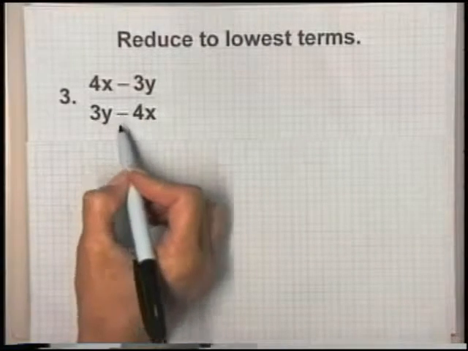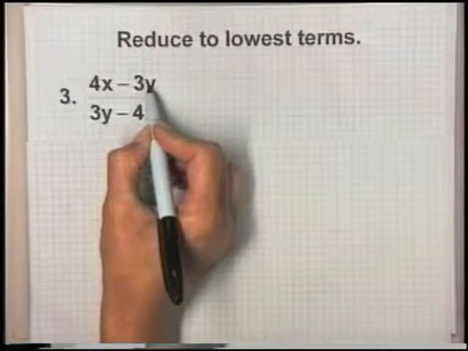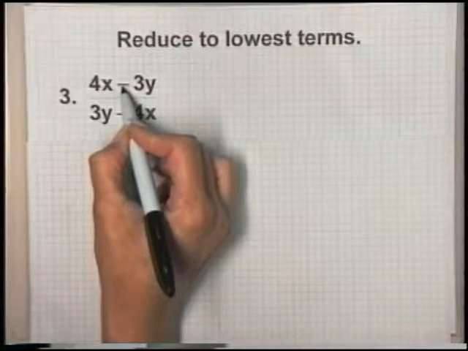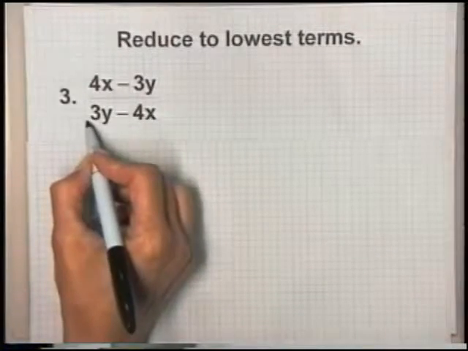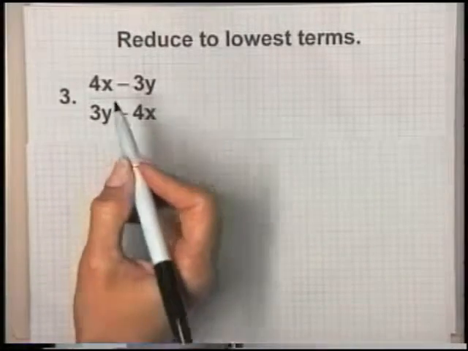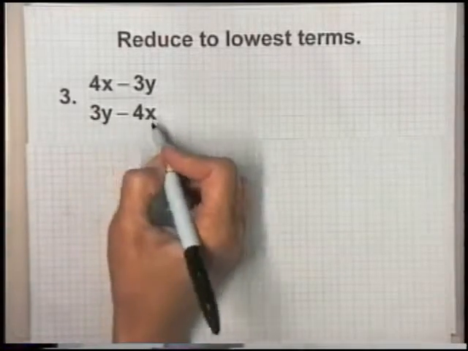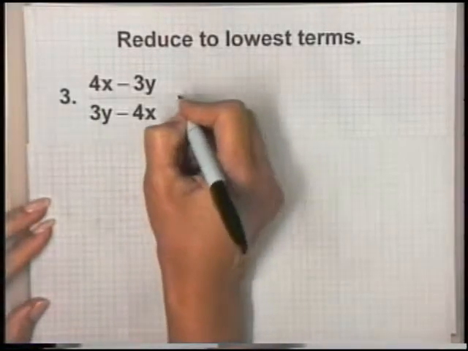The 4x in the denominator has a subtraction sign in front of it. The 3y in the numerator has a subtraction sign in front of it. The 3y in the denominator is understood to have a positive sign in front of it. These expressions are called opposites. The numerator is the opposite of the denominator.